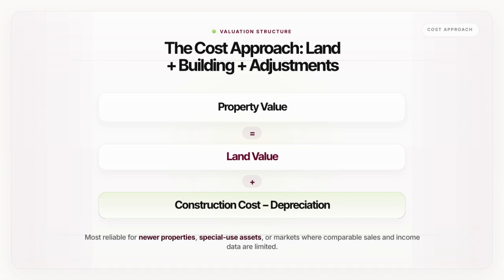It helps provide a reliable estimate by focusing on the actual costs involved in creating the property, rather than just market trends. Overall, the cost approach breaks down the valuation into clear, tangible components: land value, construction costs, and depreciation, making it particularly useful in certain market situations.